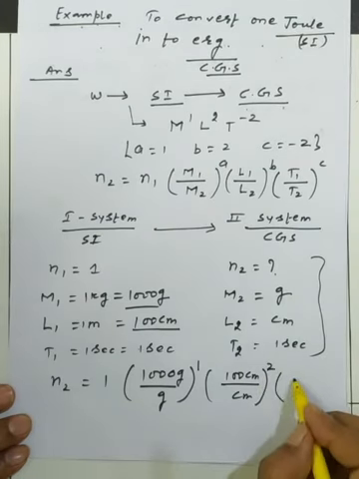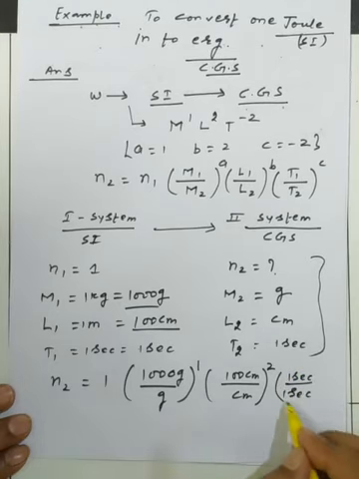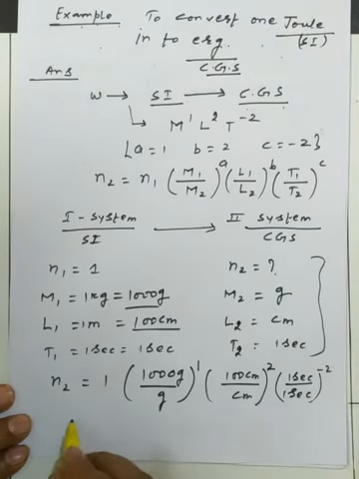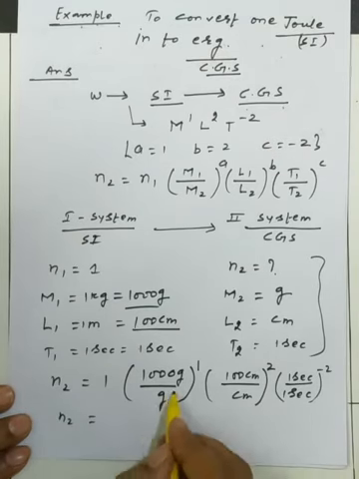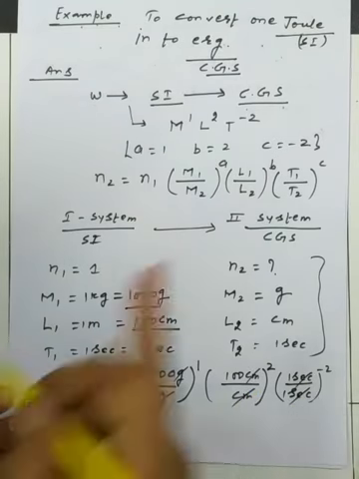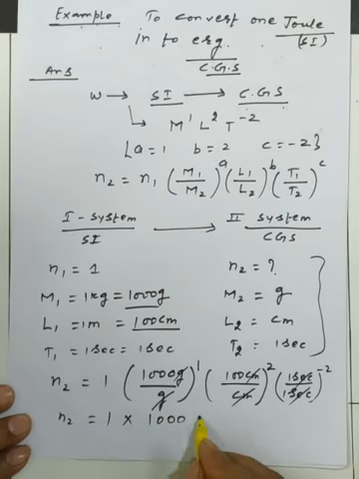Then 1 second divided by 1 second with the power of -2. So in terms of magnitude, N2, the units cancel out, we get the magnitude, and then we apply the suitable unit, that is erg. So we are getting 1 into 1000 into 100 to the power 2 into 1.